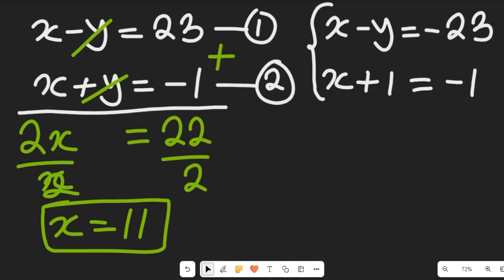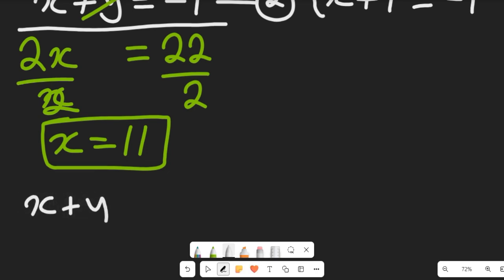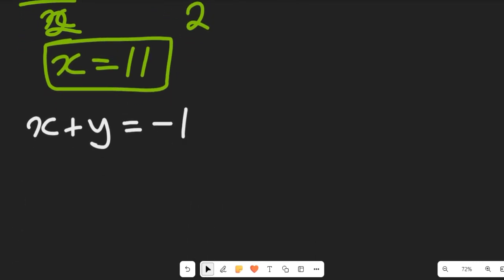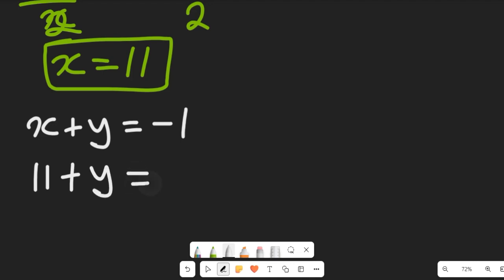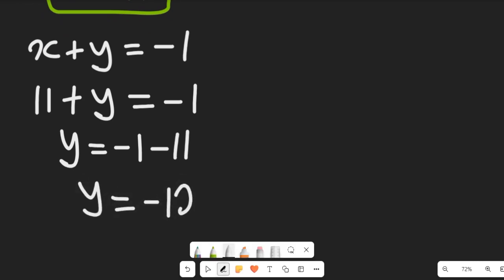So if x is equal to 11, let's consider equation 2, given that x plus y is equal to negative 1. So if x is equal to 11, we'll have 11 plus y equal to negative 1. So y will be equal to negative 1 minus 11, and then our y will be equal to negative 12.